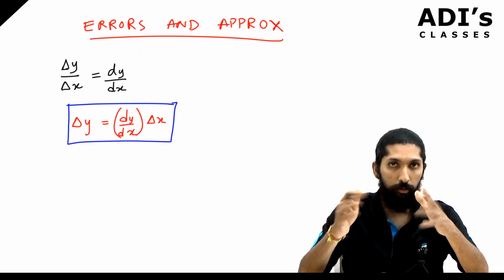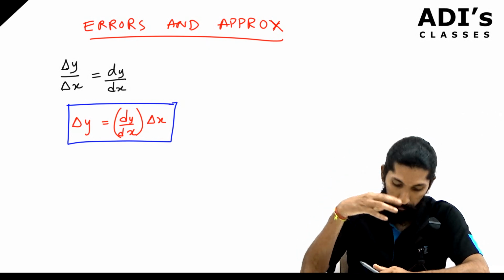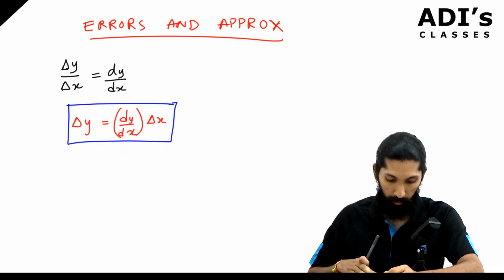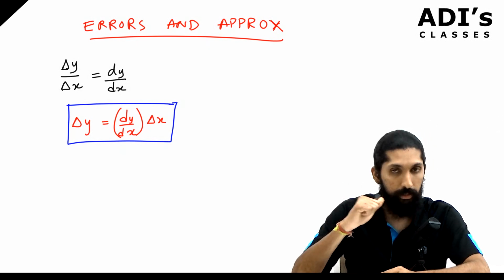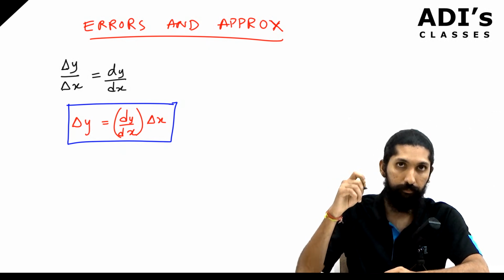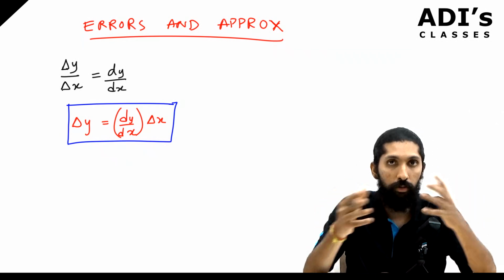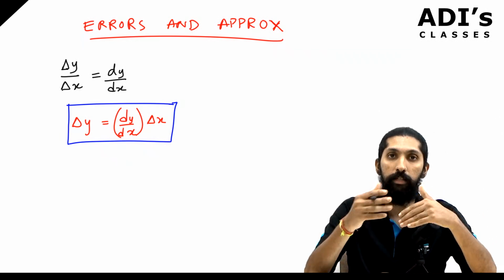Now I just gave you the formula. Let's backtrack and try to understand the meaning of this formula. Delta y is equal to dy by dx into delta x. As delta x tends to 0, delta x becomes dx, so dx cancels out.